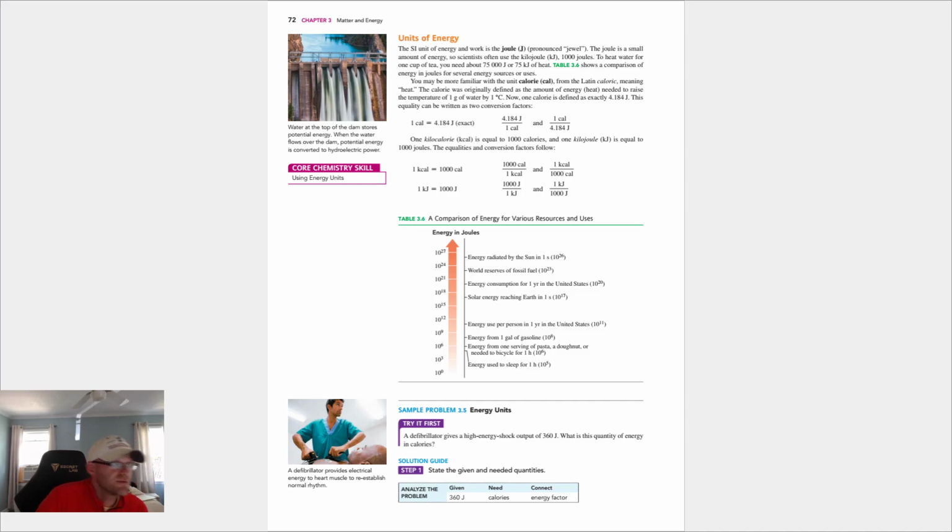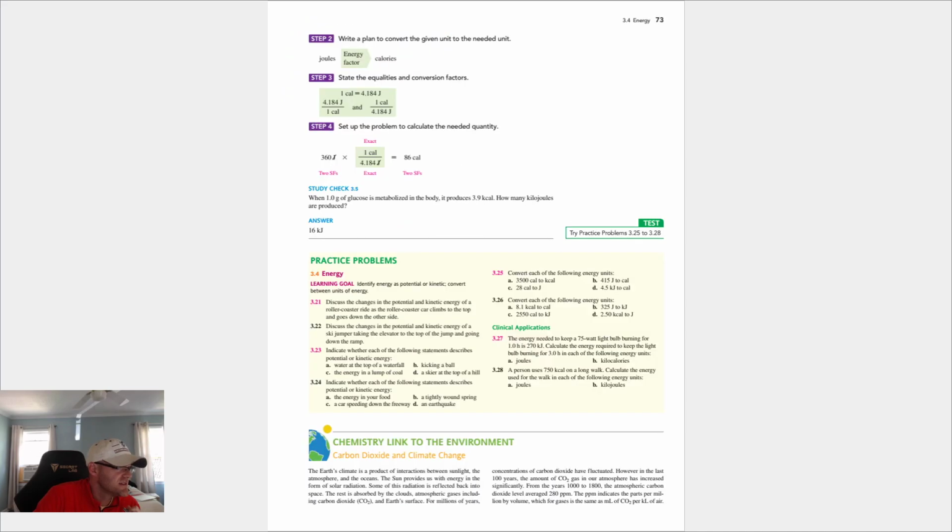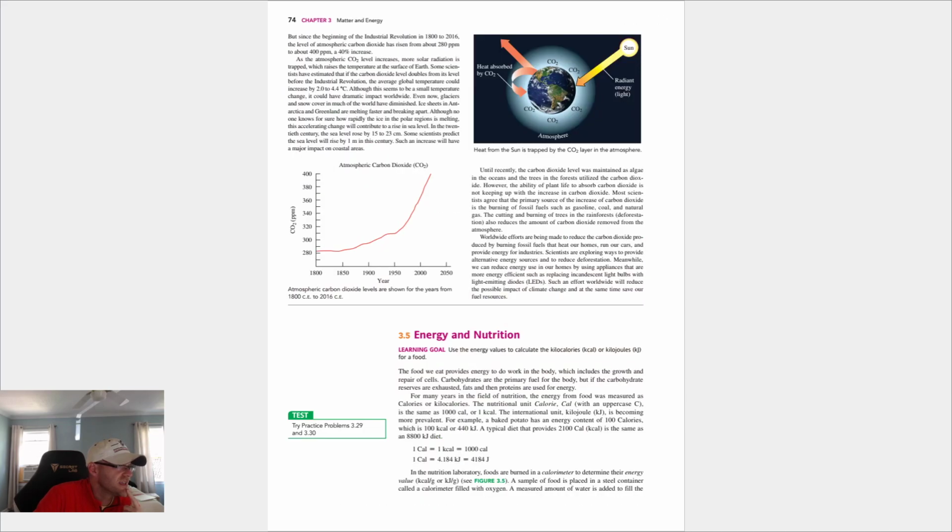There is a conversion between a calorie and a joule: 4.184 joules equals 1 small calorie. Kilocalorie is written with a capital C, and it is equal to 1,000 of the little calories with a little c.